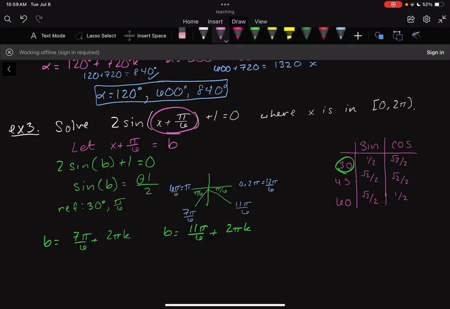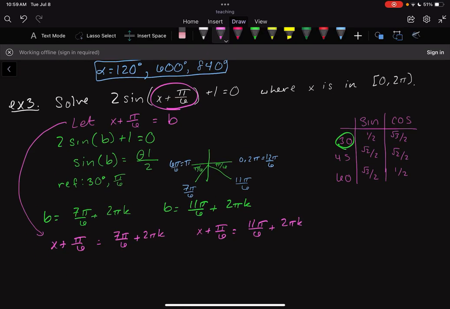Now I'm going to go ahead and substitute this back in. So I have x plus pi over 6 equals 7 pi over 6 plus 2 pi k. On the other side, x plus pi over 6 is equal to 11 pi over 6 plus 2 pi k. Solving for x, I can subtract pi over 6 from both sides.